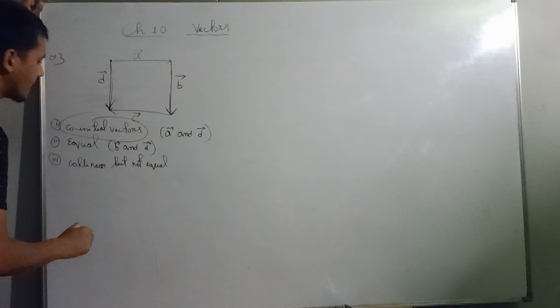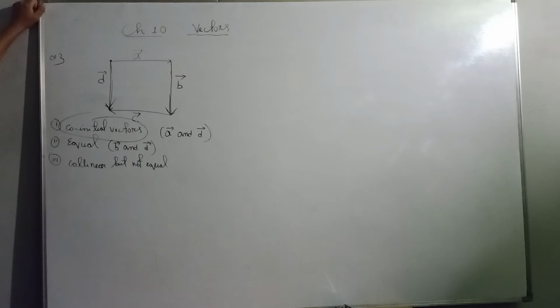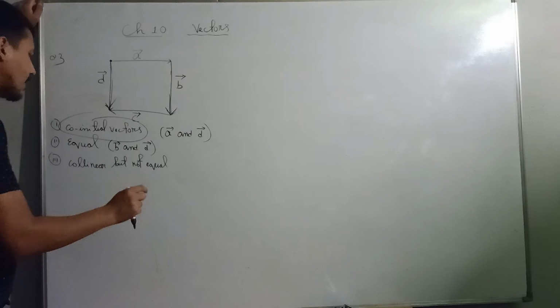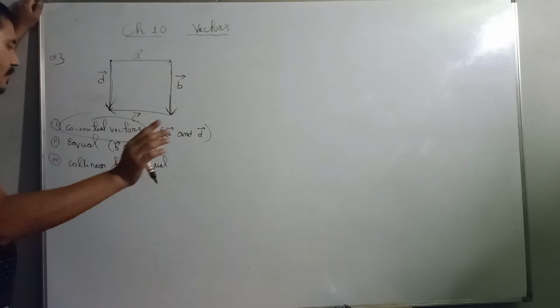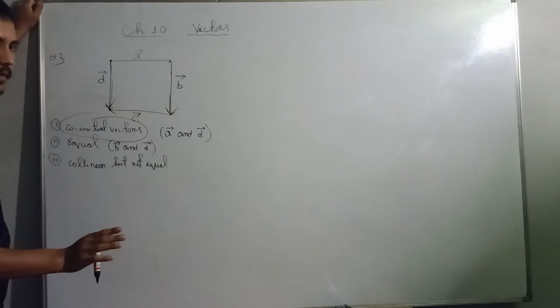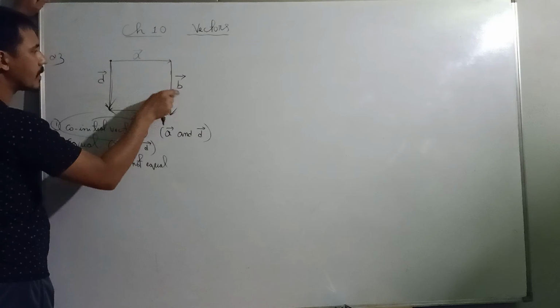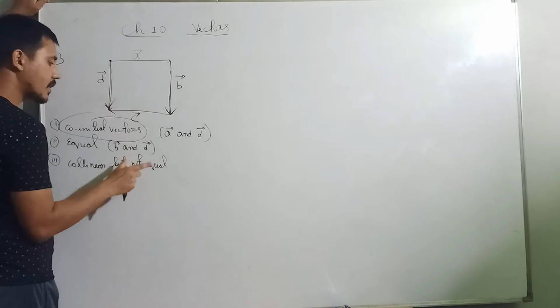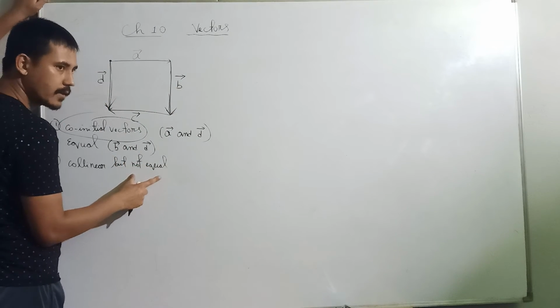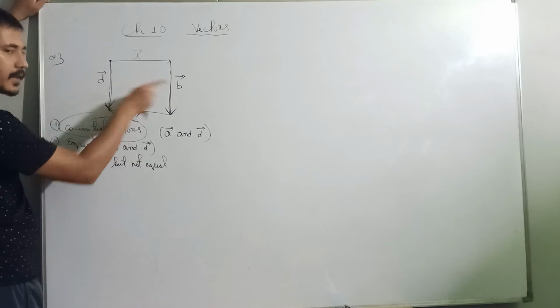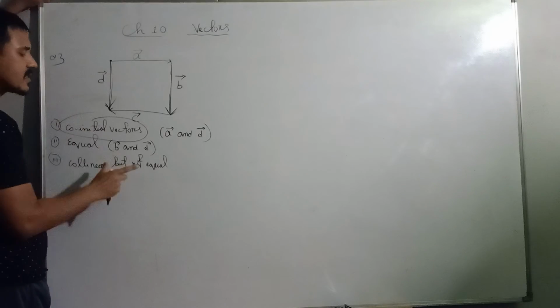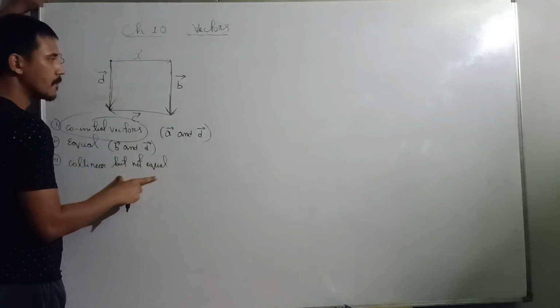What about the next one? Collinear, but not equal. Here B and D are equal. They are also collinear, but equal again, and there is a condition not to be equal.